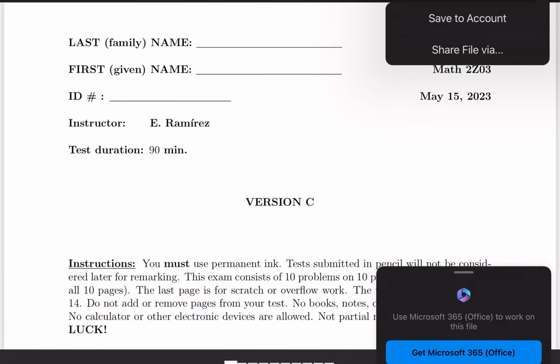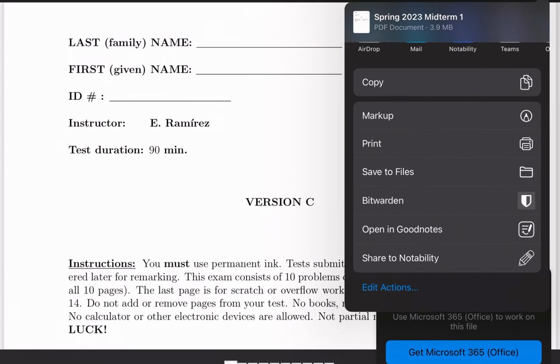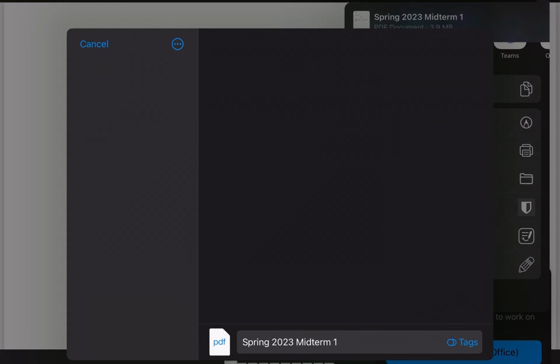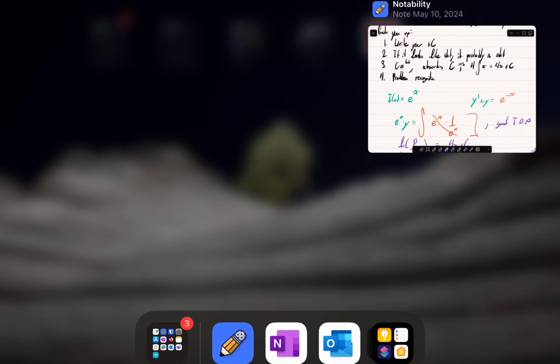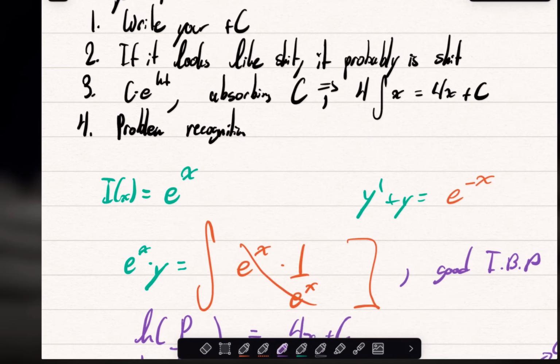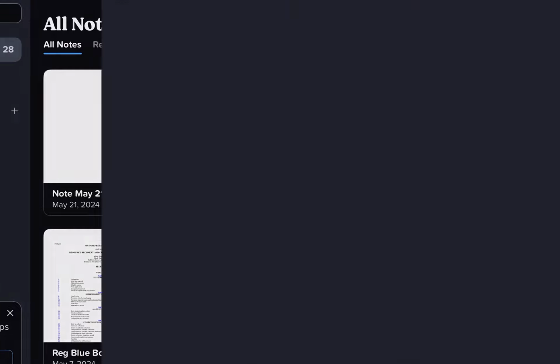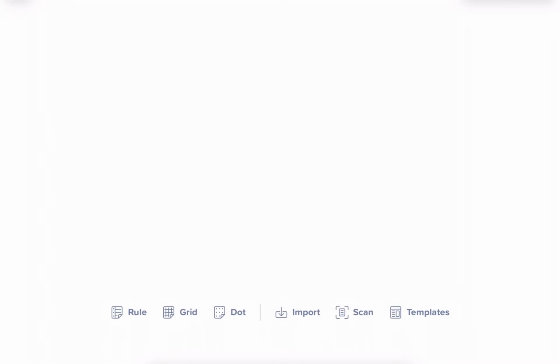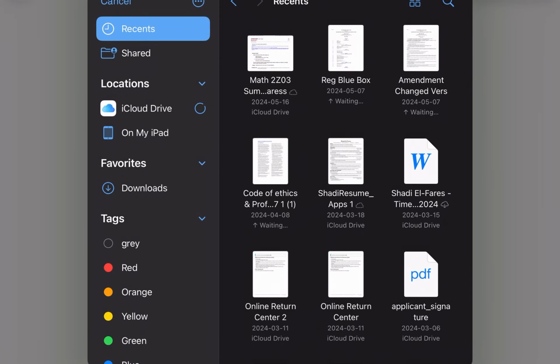Share file. And then save to files. Okay, cool. Go here. All right, sick. And then if I import, and then press recents, there we go.